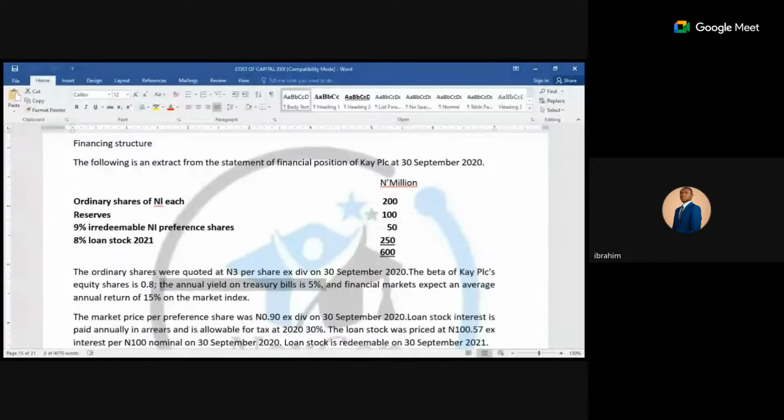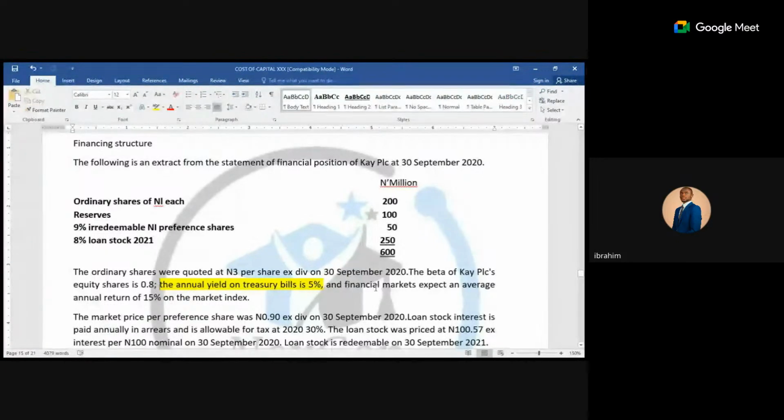Risk-free. Risk-free or government bond or treasury bill, whichever name they use, right?